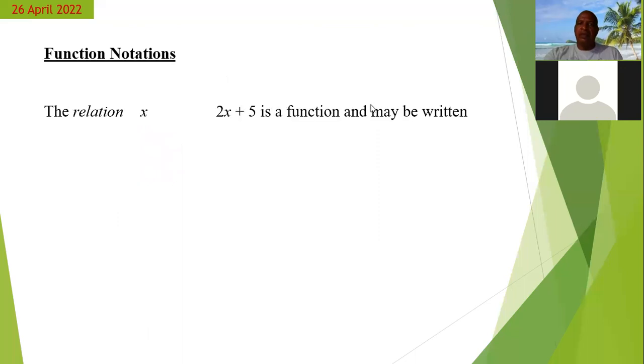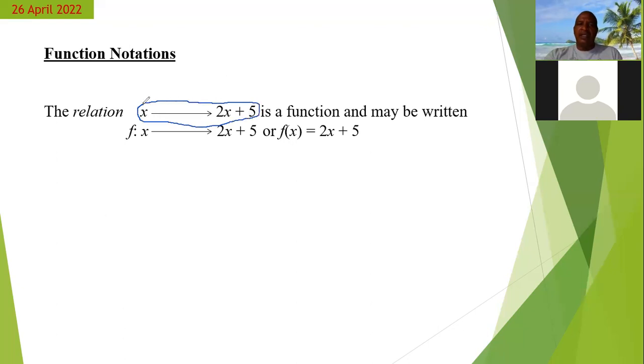Now, moving along. Now, function notation. We use these to denote function. Now, remember, notation is just a big word for symbols. So if we want to show a relation to be a function, remember that when we write it like this, we are just writing it as a relation. So we are saying that this is a relation: x maps onto 2x plus 5.